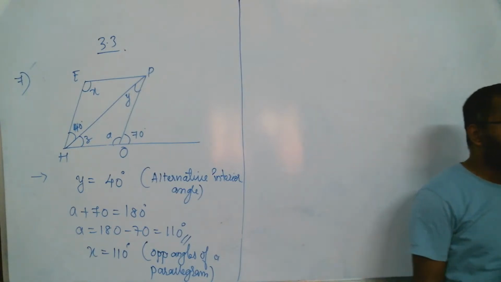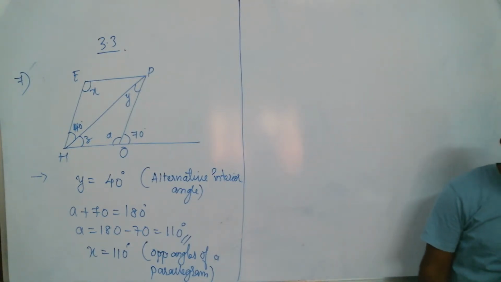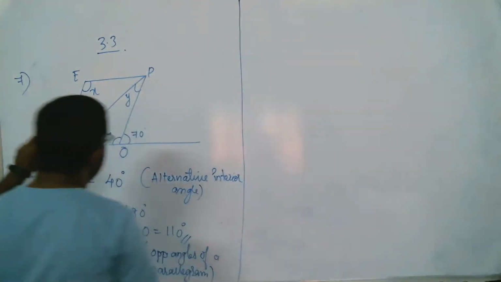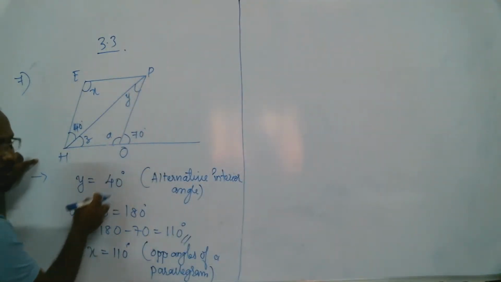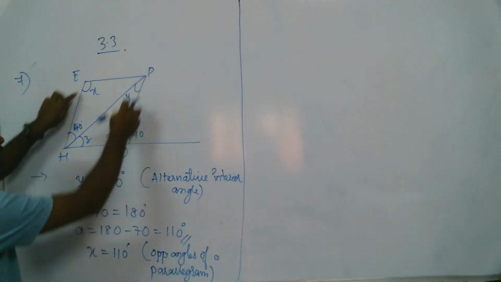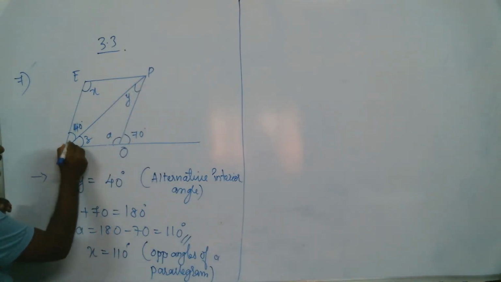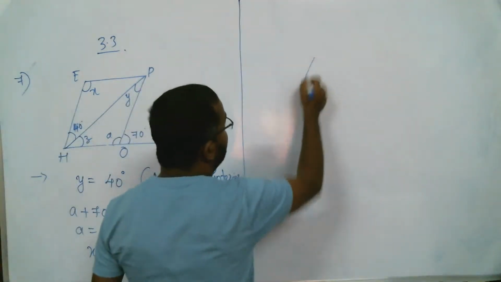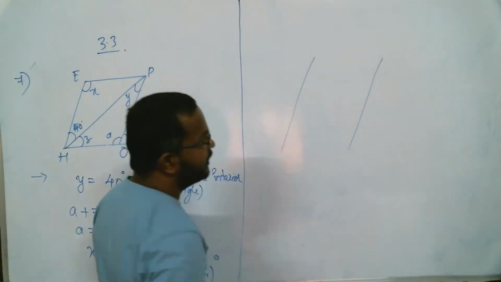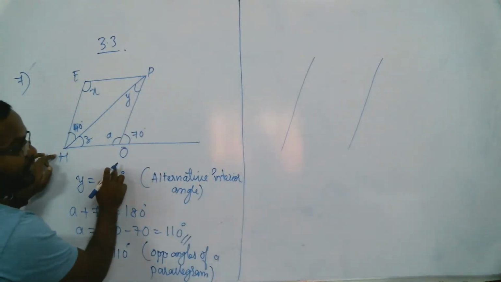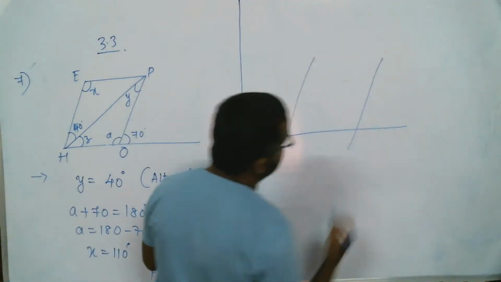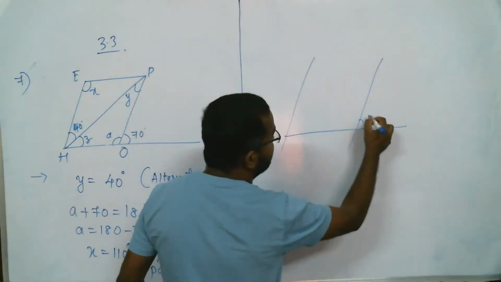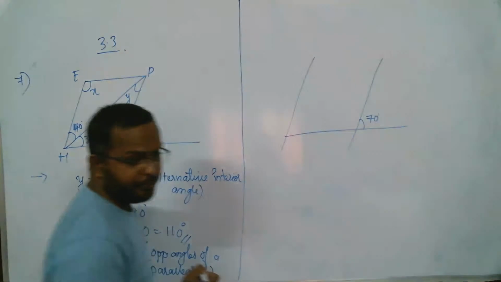So there are two ways to find the answer. I will tell both. Suppose you see here, these two lines we are taking as parallel lines, and this is your transversal. This angle they are giving as 70 degrees.